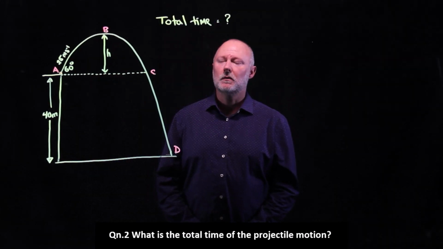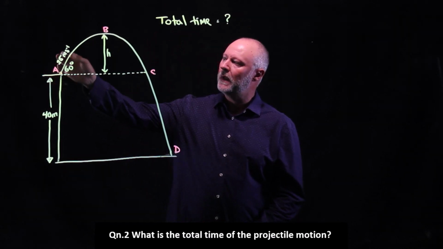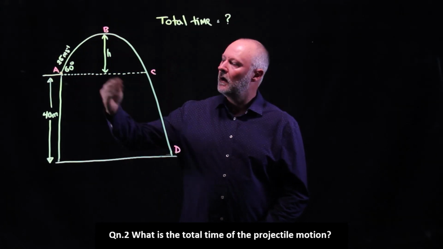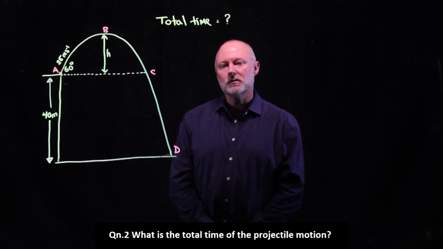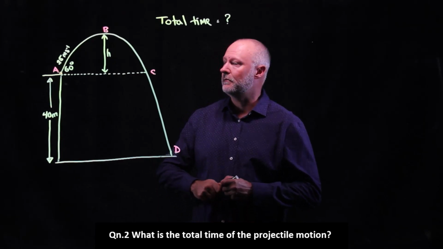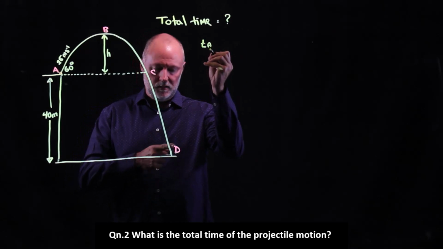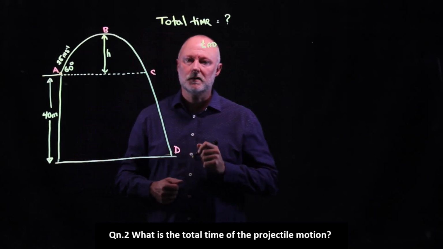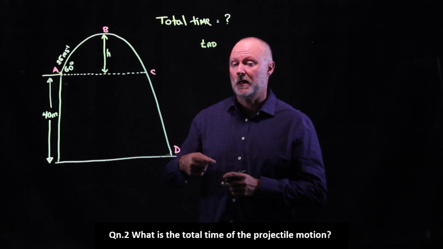In this second question, we're asked to calculate the total time it takes for the projectile to move from point A to point D, from the start of the projection right to the end. Now there are multiple ways to approach this problem. We could, for example, work out the time from A straight to D in one hit. However, if you follow that through, you end up with a quadratic equation that's quite challenging.